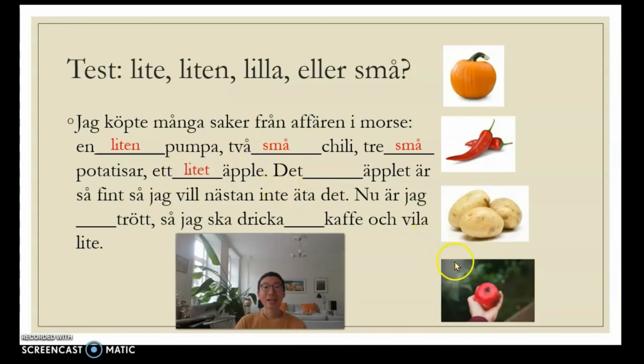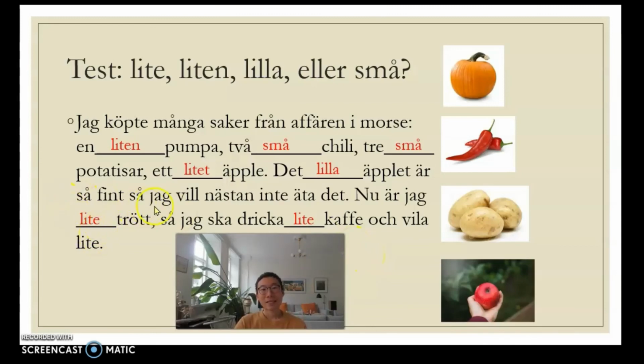Det lilla äpplet är så fint, så jag vill nästan inte äta det. Nu är jag lite trött, så jag ska dricka lite kaffe och vila lite.